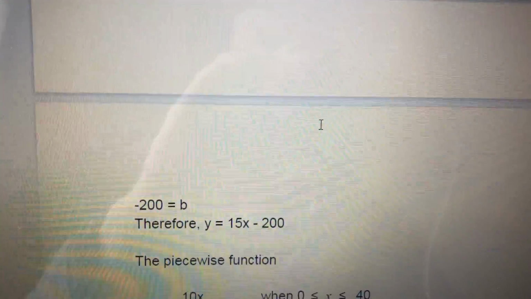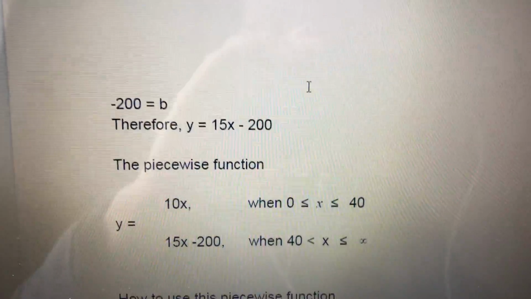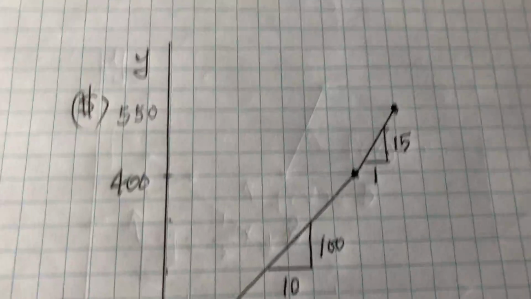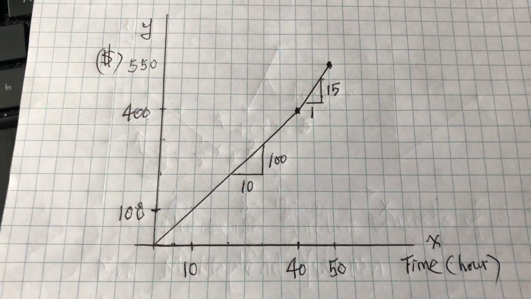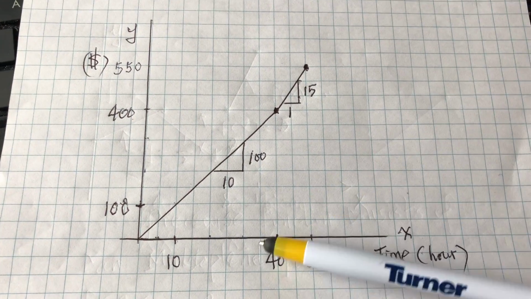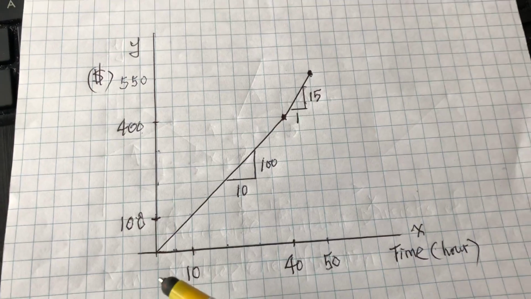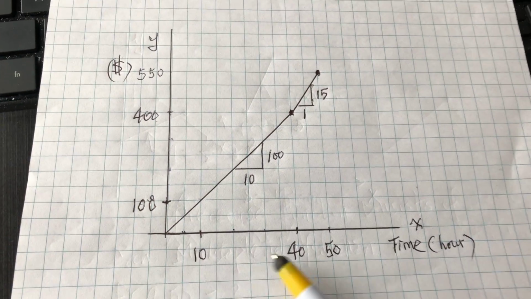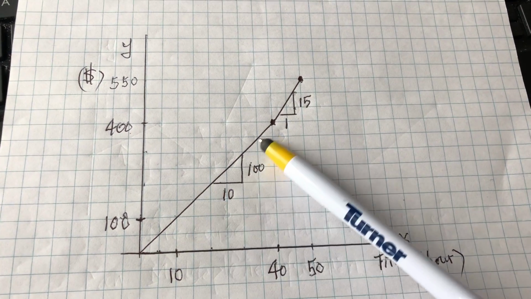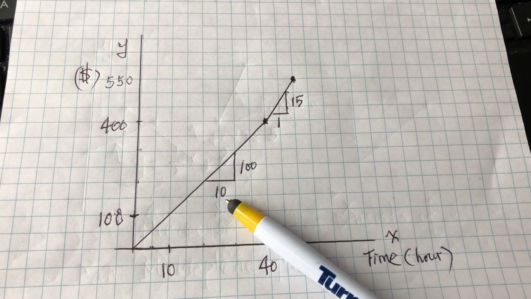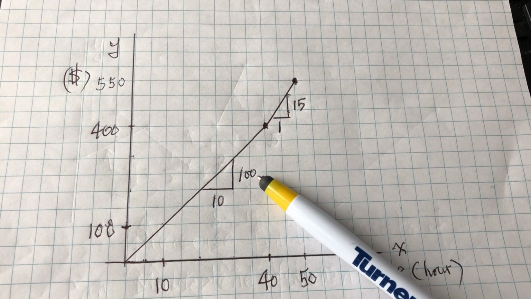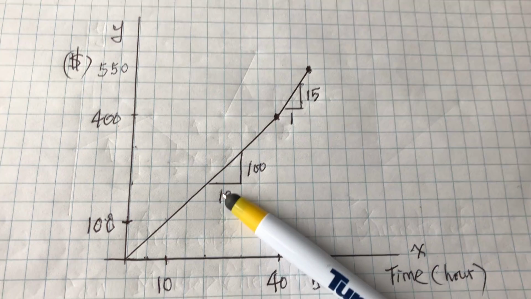And graphically, it will look like this. From 0 to 40, it follows this slope, which is 100 over 10, which is 10 over 1, which is $10 per hour.